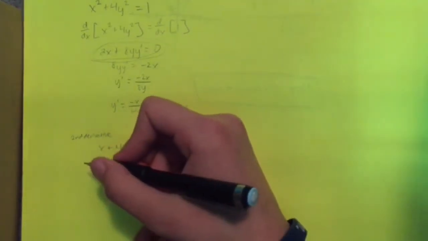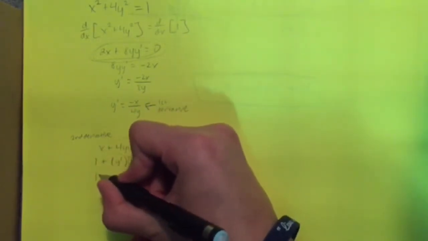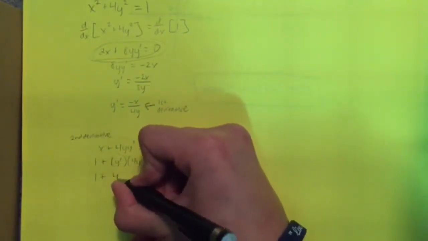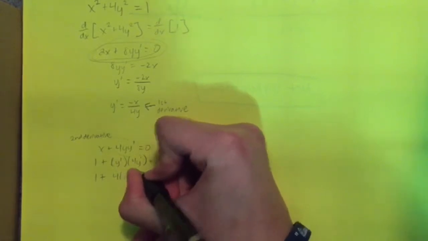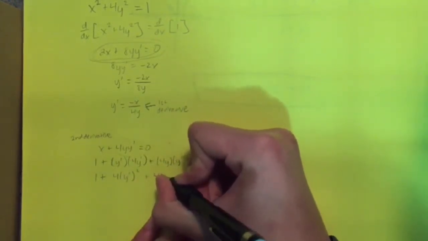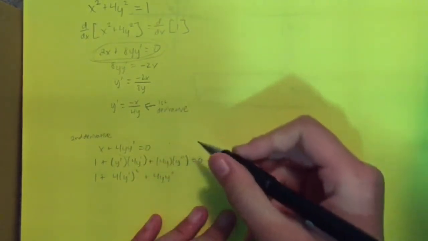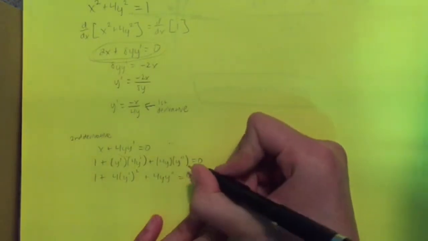So we're left with 1 plus 4y prime squared plus 4y y double prime is equal to 0. So we're going to move everything with y double prime to the left and everything without it to the right.